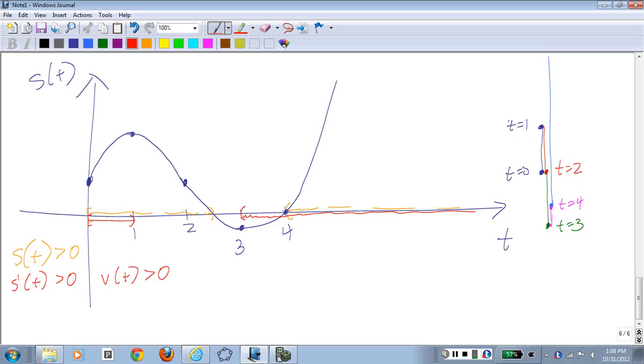We know velocity is a signed quantity, a vector quantity, but if it's just one dimensional, it's positive and negative, and of course it has absolute value. The speed equals the absolute value of v of t.